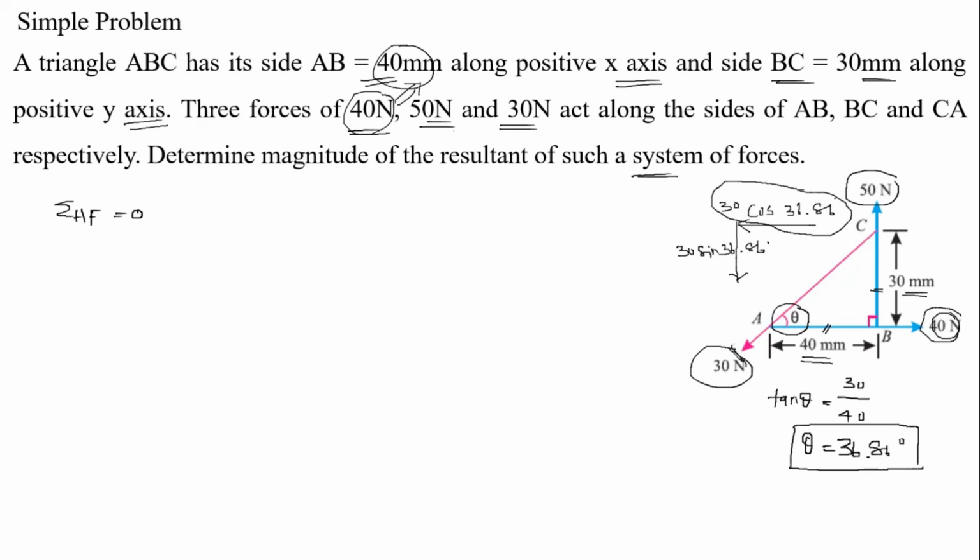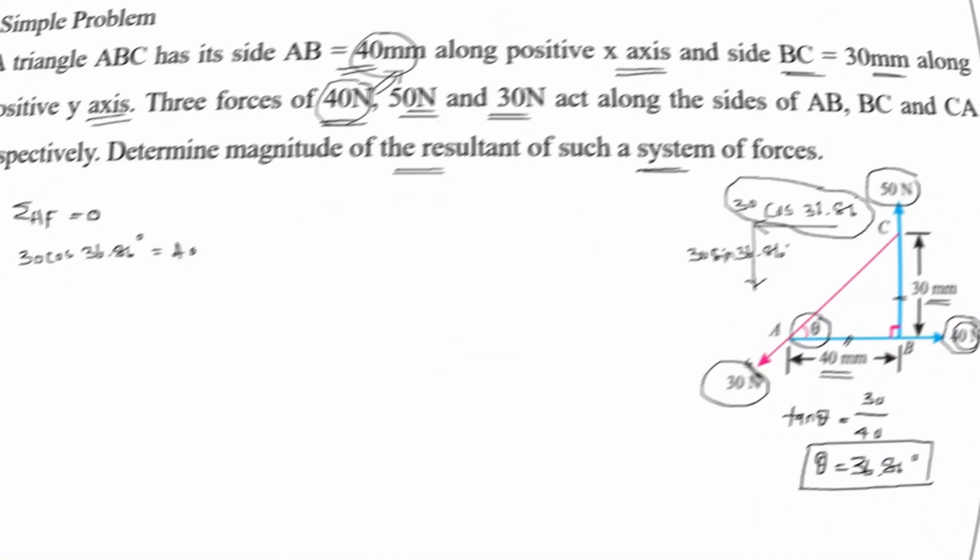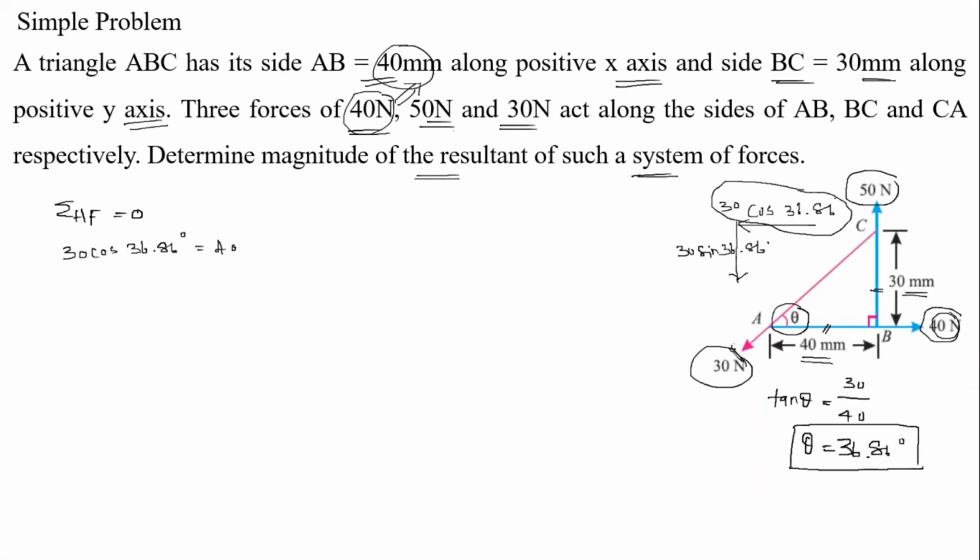Now the sum of horizontal forces is equal to 40 minus 30 cos 36.86 degree, which is equal to 40 minus 30 into 0.8, which is equal to 16 Newton. This is the horizontal force, right?